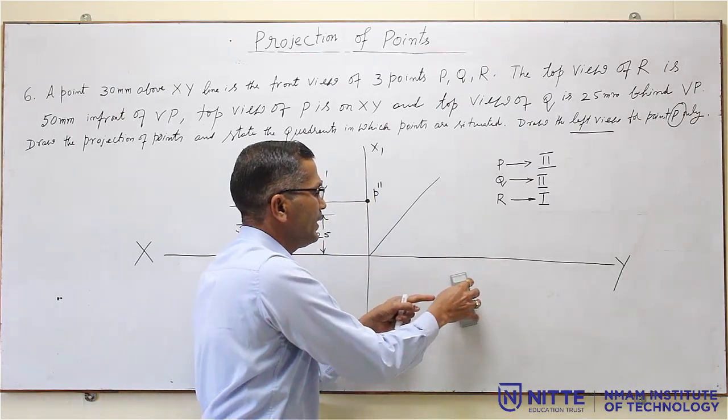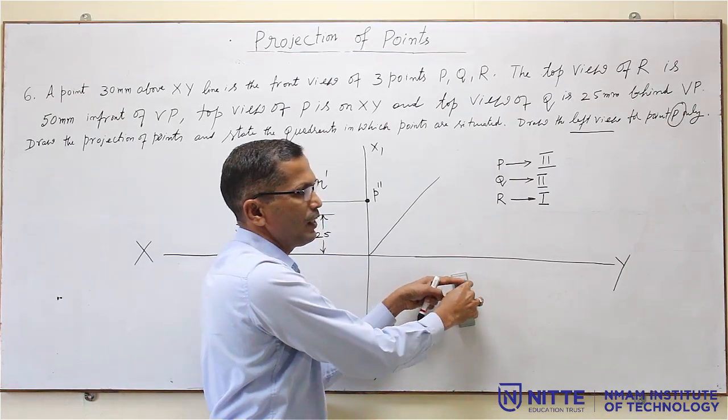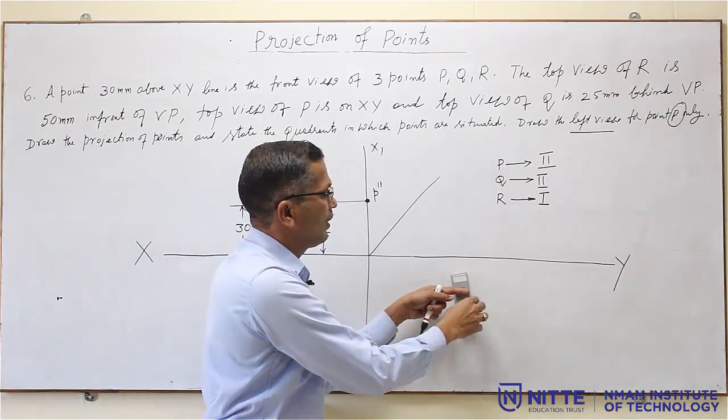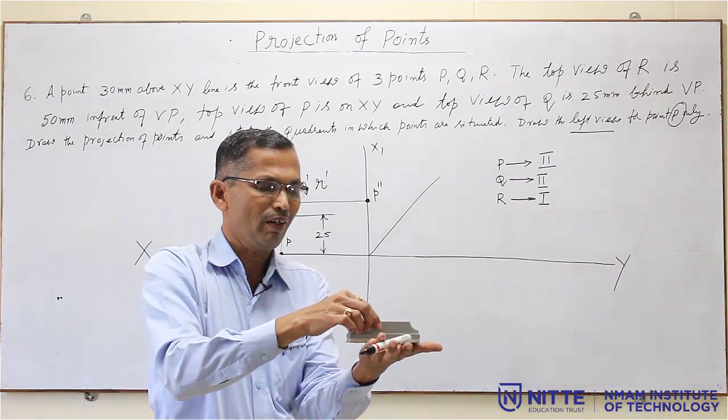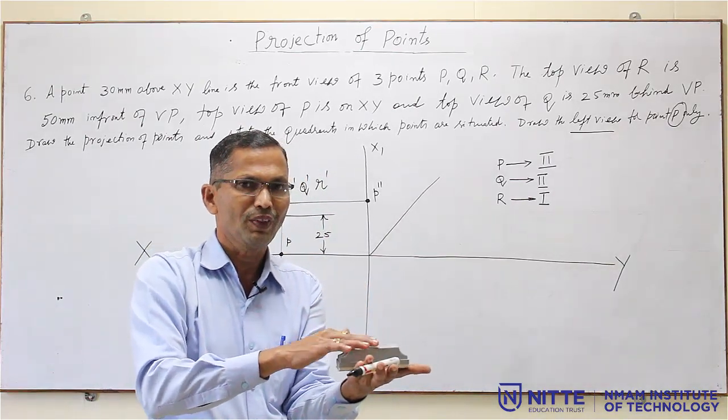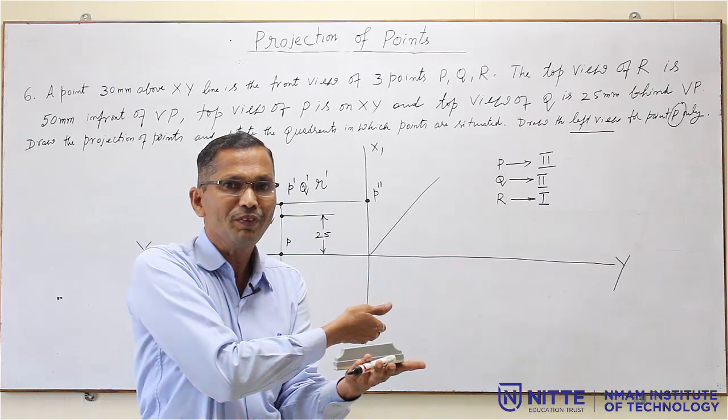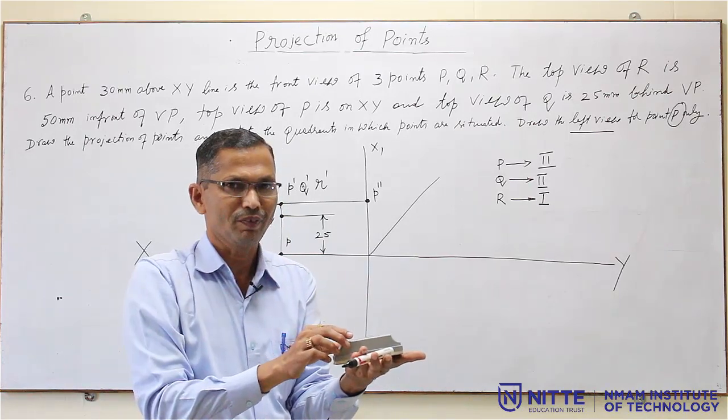Whenever the point is on VP, its top view will be on the xy line, or whenever the point is on HP or on the ground, then its front view will be on the xy line. This you have to remember.